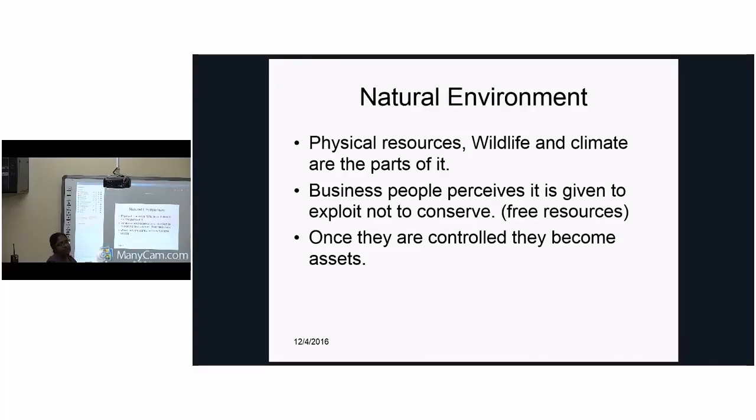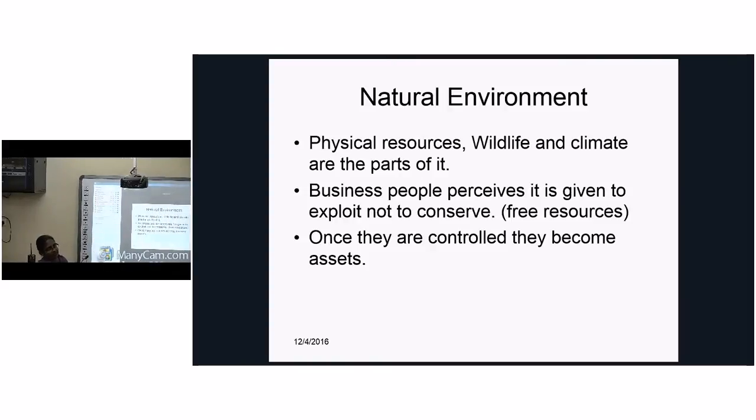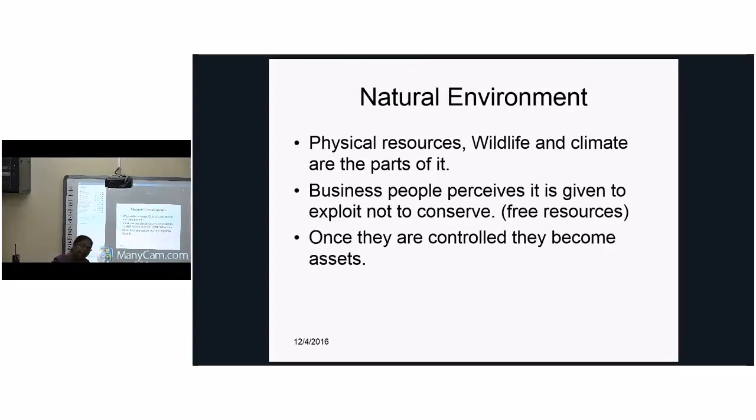Otherwise, if there is no control over these resources, they are called free resources. If they are given some limitation and value, they become assets, and you put them into your balance sheet. If they are not priced, they are free resources.